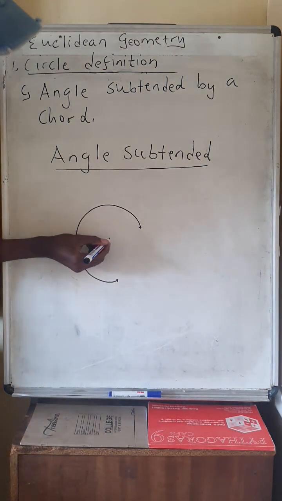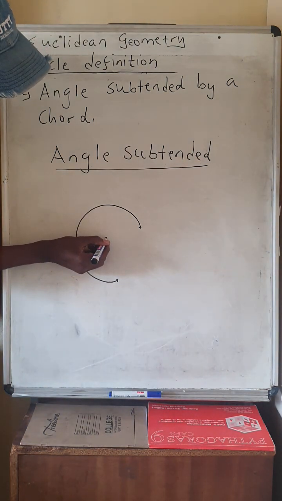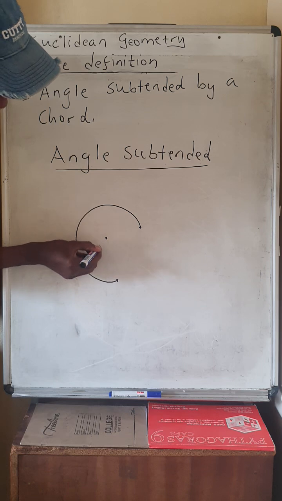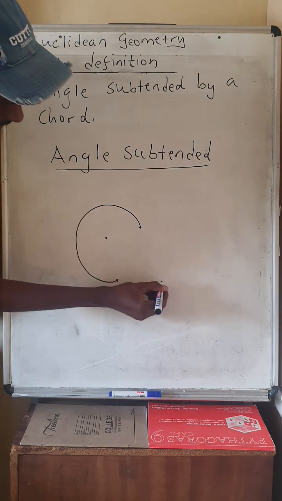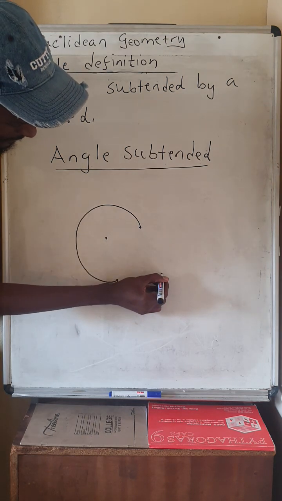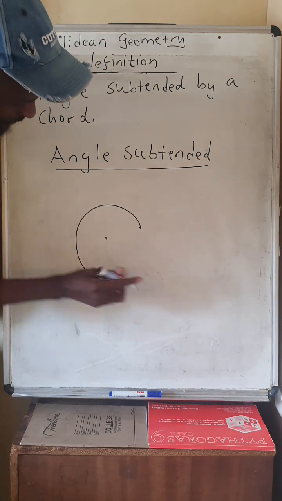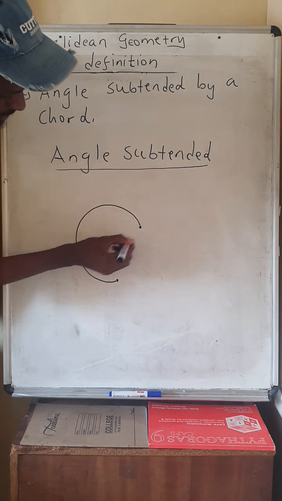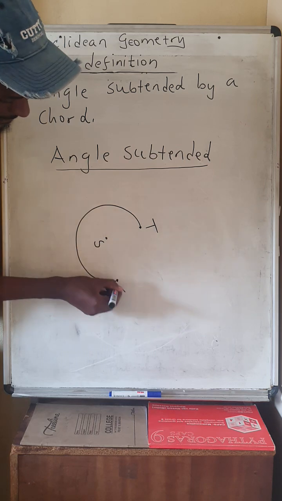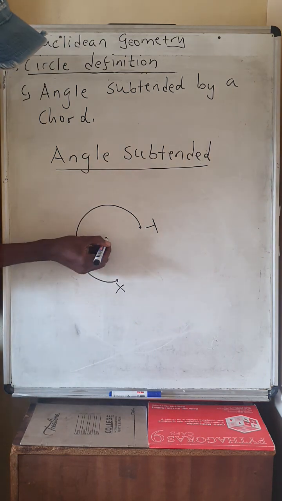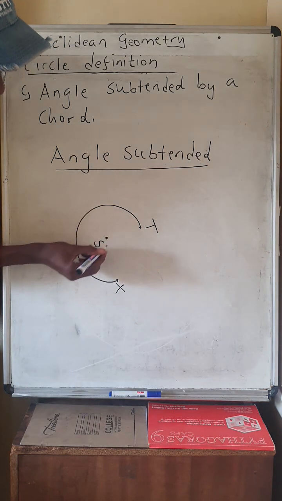So I can have my vertex somewhere here of the angle. Okay, let me start with this one. So this is the vertex. Let me call this S. So this is X, T, and X. So here is the angle. So this is the vertex of the angle.